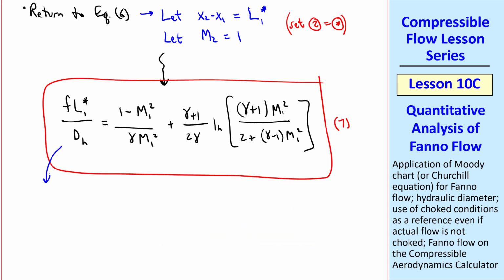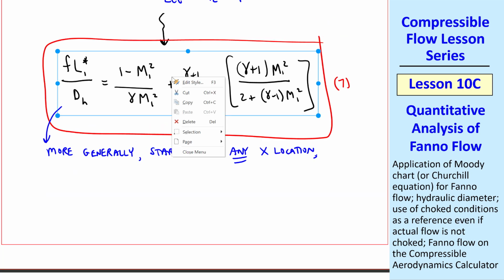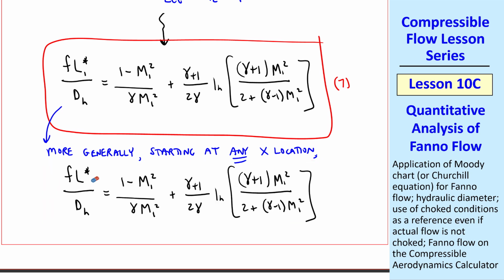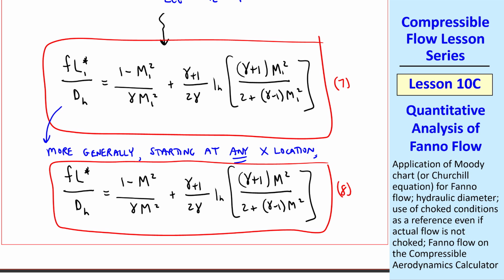Well, finally, we'll make this a little more general, namely starting at any x location, not necessarily state 1. Let's copy and paste this equation here, but get rid of all these 1 subscripts and call this equation 8. I'll put lots of stars here, and I'll call this our Fanno flow workhorse equation.